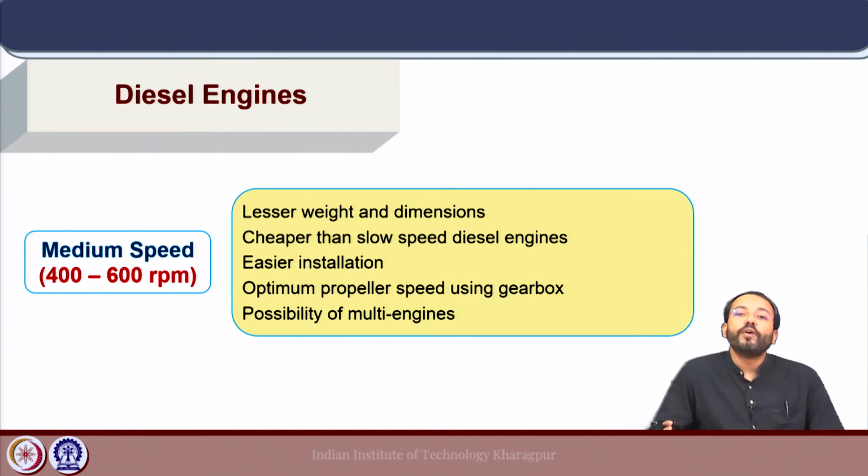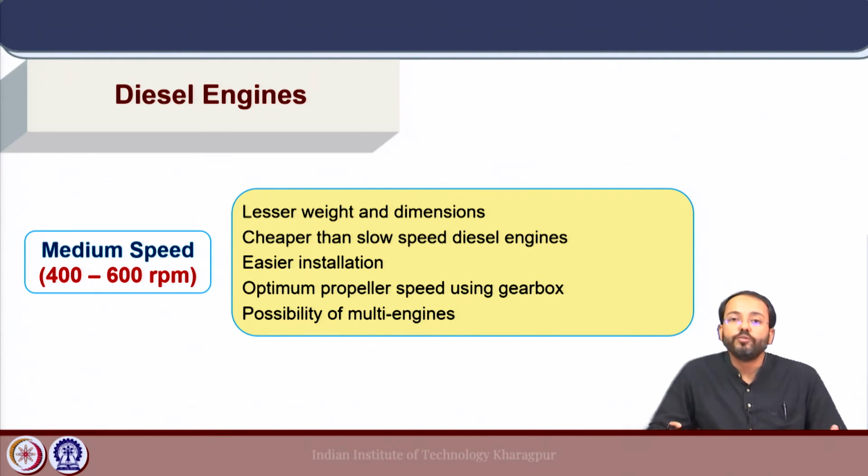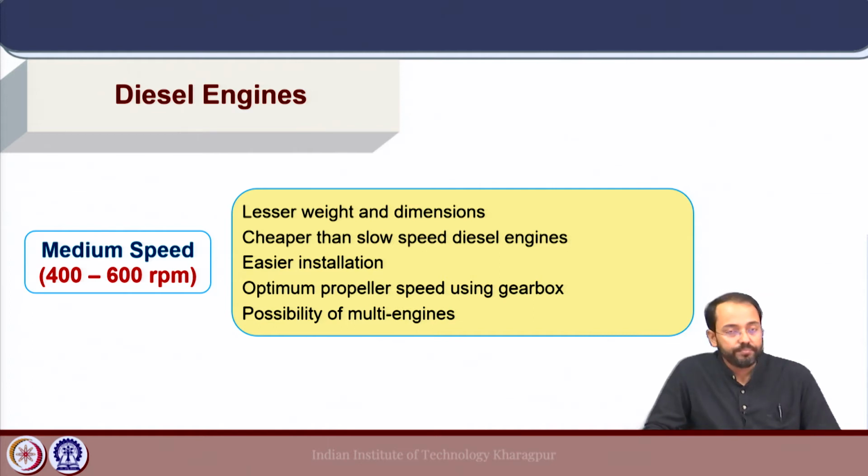Because the engine speed is quite high here, 400 to 600 RPM, as compared to typical propeller speeds, a gearbox is essential to connect the engine to the propeller, so that the propeller speed can be adjusted accordingly. The possibility of multiple engines also exists for medium speed engines.